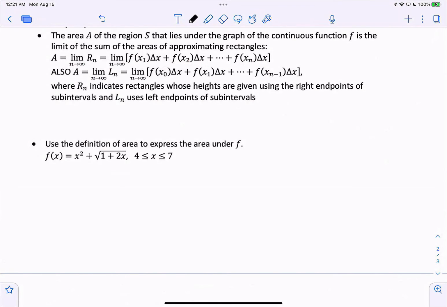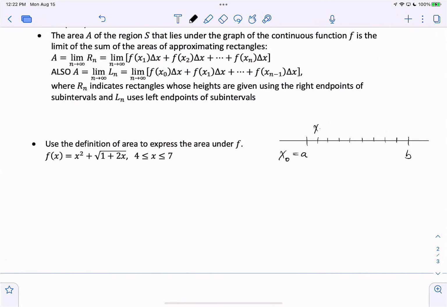Instead of writing down f of x1 times delta x plus f of x2 times delta x, we're going to go generic. Suppose I have an interval on the x-axis from a to b. And I divide it up into a bunch of subintervals, and I'm not going to say how many there are. We'll just say that there are n of them. a, I'm going to say, is x sub 0.